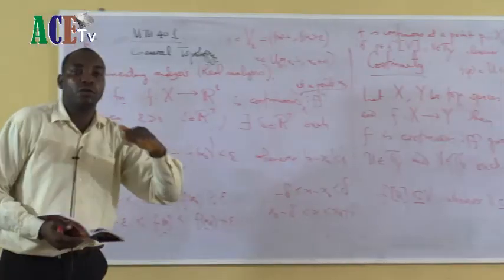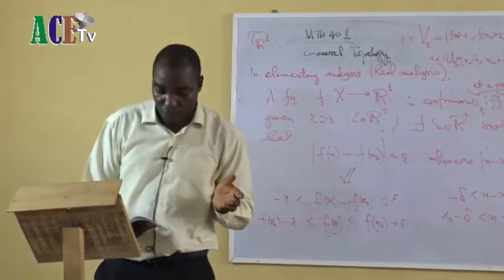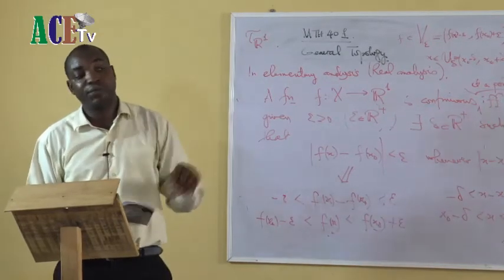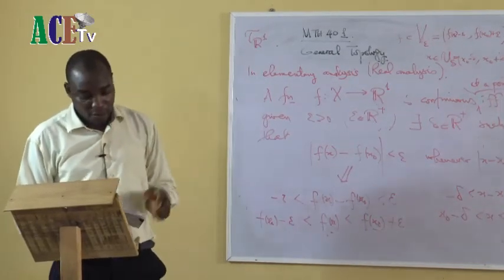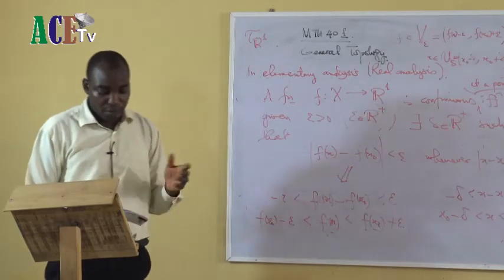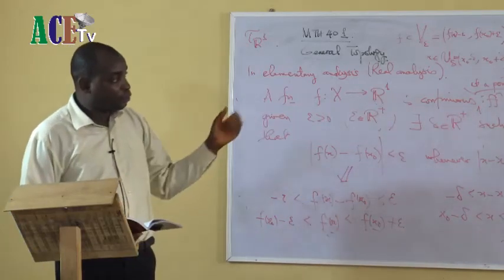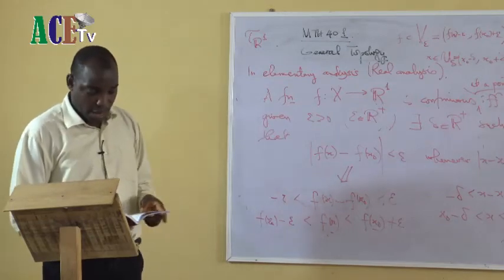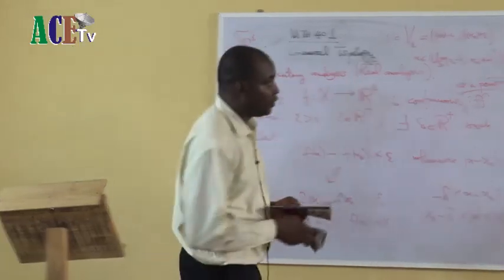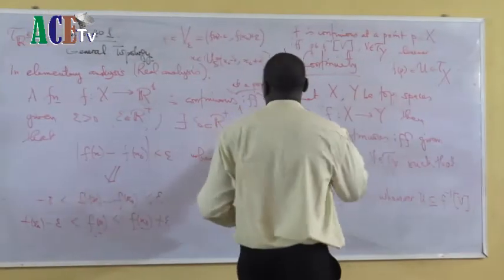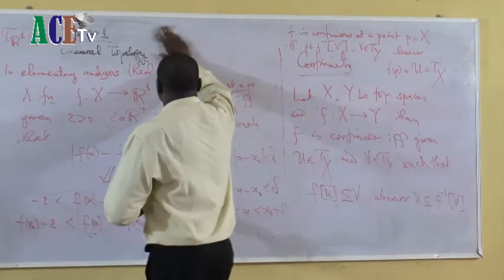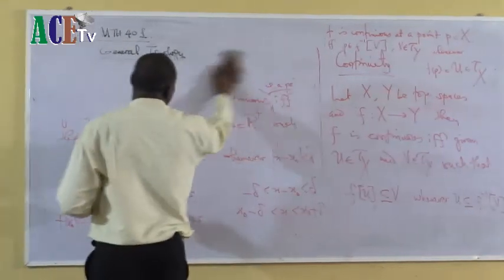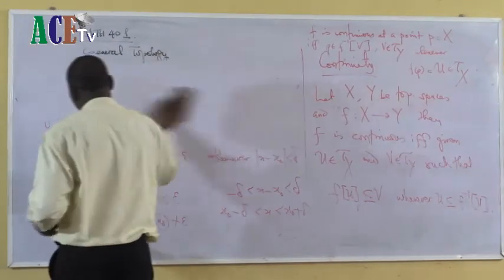Apart from having continuity at a point, we can also have sequential continuity. Let me just introduce what we call sequential continuity. Our students of elementary analysis have done sequences.